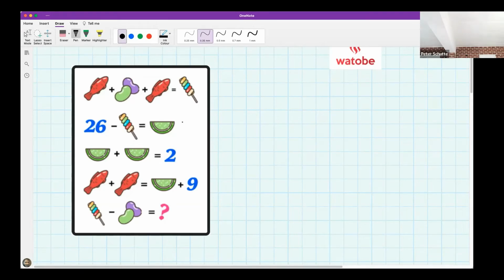Okay, so yes, the watermelon has a value of 1 in life, if it is a watermelon as I see it. Now, can that unlock some more stuff for us? Apologies, my camera is no longer in the right place.